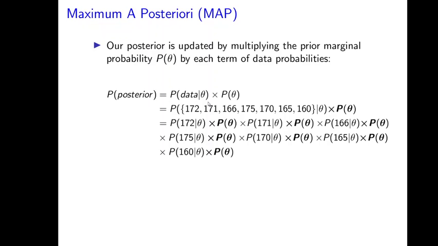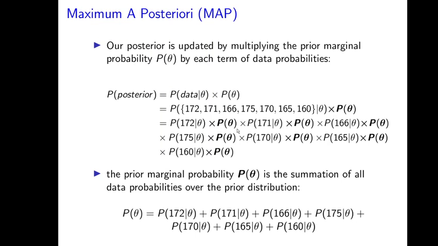The first term we have already calculated before, but we need to multiply each conditional probability taken from the likelihood distribution by the probability of theta itself. And how do we calculate the prior marginal probability, P of theta in this context?